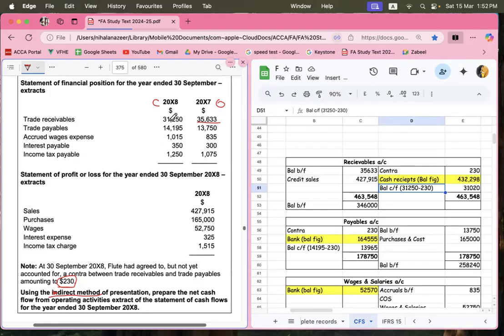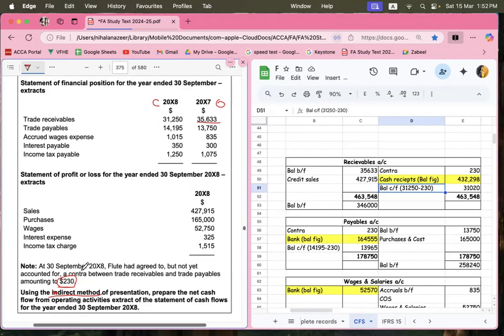The thing is simple. If you have a contra entry, the receivable closing balance, that is the 2008 balance given here, would have to be adjusted by 230, right? You have to adjust it. Clear?